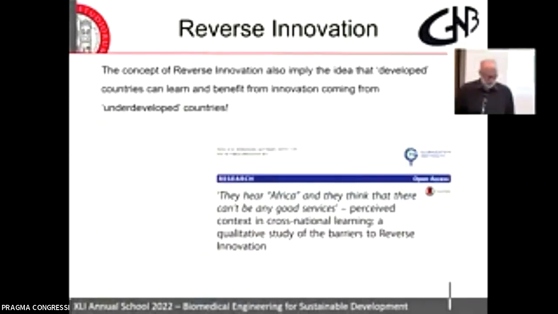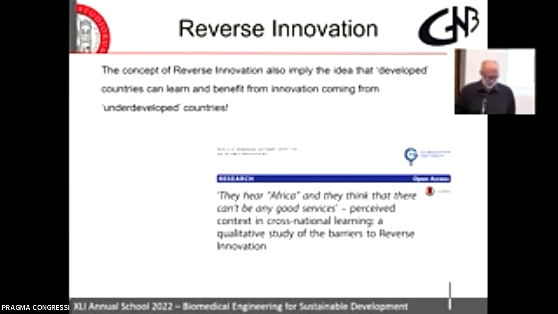But the concept of reverse innovation also implies the idea that developed countries can learn and benefit from innovation coming from underdeveloped countries, let's say with quotes. This is not obvious. There are barriers.